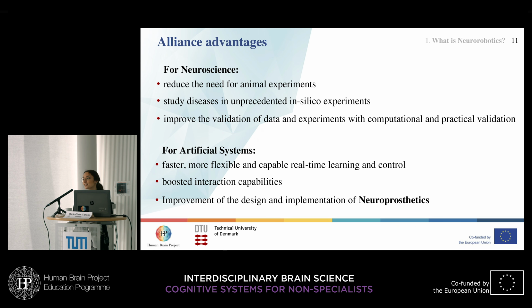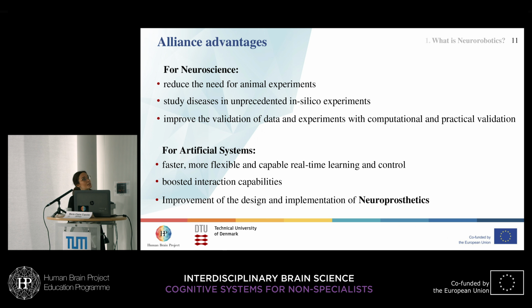So what are the advantages we will have in future? Once the artificial mechanism is as close as possible to the real system, then maybe we will be able to reduce the need for animal experiments, because we will have artificial systems that are really close.